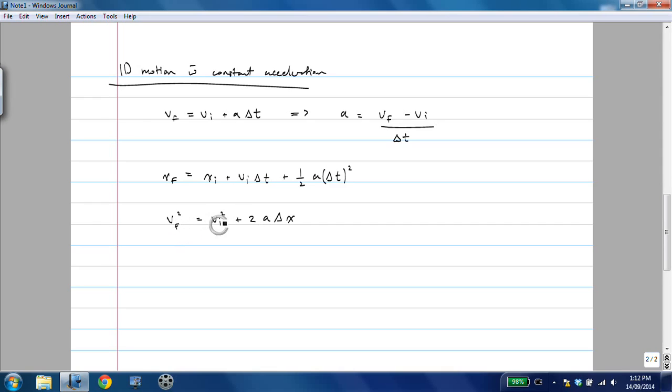So this will automatically match up with it. And then, if we don't know what time or anything, but we know the delta x, and since acceleration is in meters per second squared, multiplied by meters, we'll get meters squared per second squared. So all the units match up here, which allows this to be a valid equation.